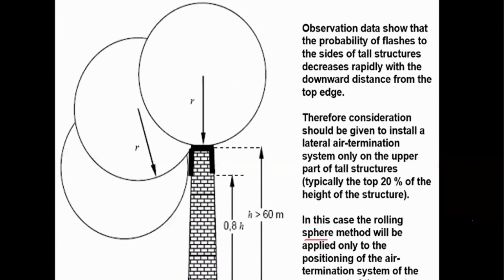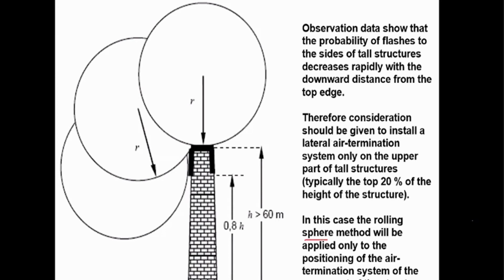Okay, now we are going to the case where your building height is greater than 60 meters. Now what they say is that if the building height is greater than 60 meters, you have to protect not only the rooftop level, but you have to protect with air termination down to a level which is 20% of the height of the building.